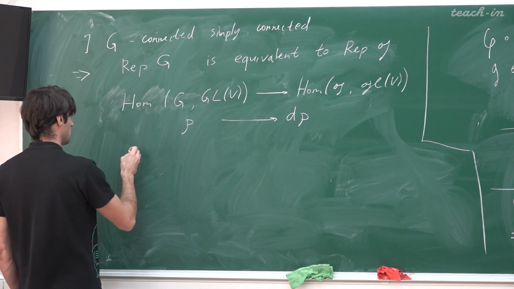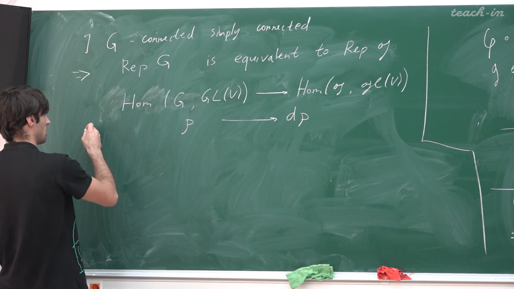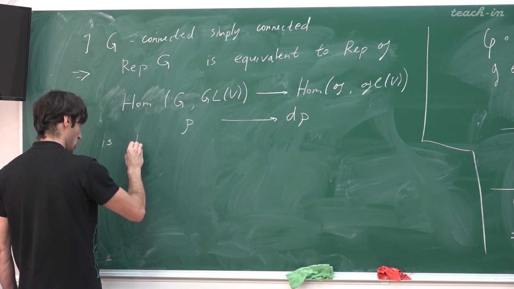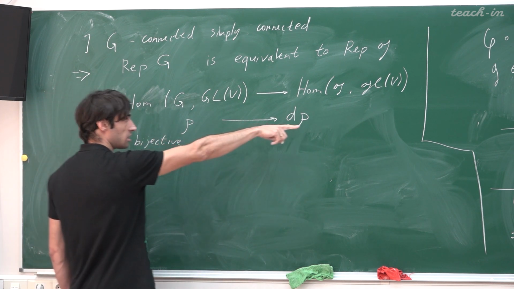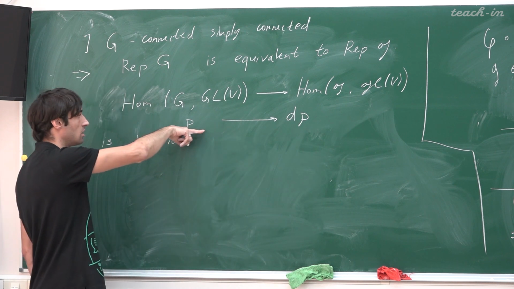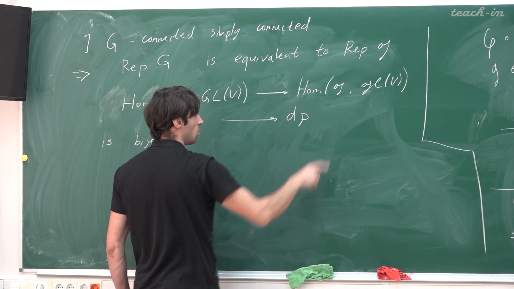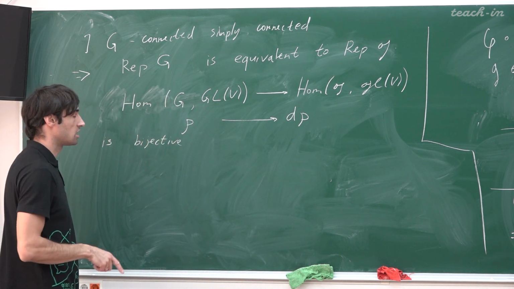In this case, this map is bijective. So if you have a representation of a Lie algebra, you can integrate it to a representation of the Lie group.